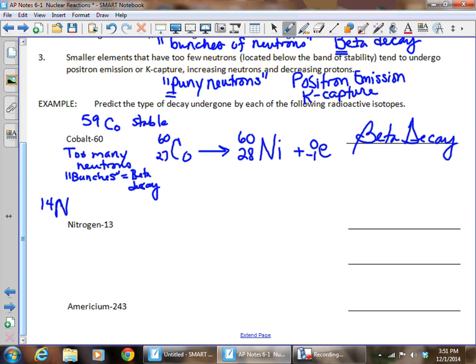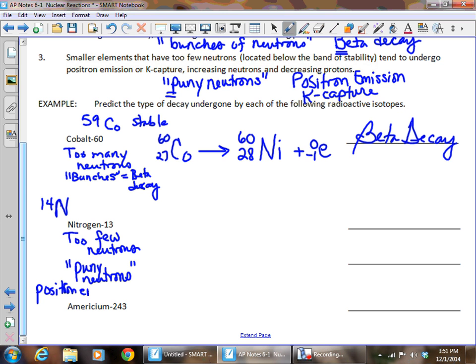So evidently, nitrogen 13 has too few neutrons. It's too small. So if it's got too few neutrons, then I call that puny neutrons. So remember, if you have puny neutrons, you can either do positron emission or K capture. And I'm going to show both.